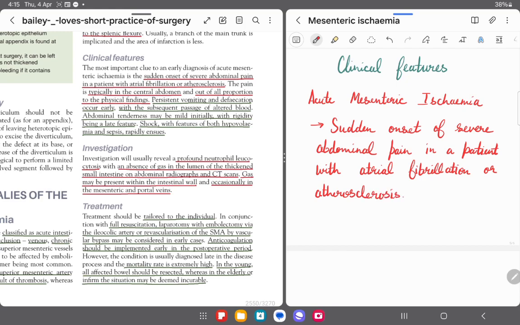So this is the most important thing, that if there is a sudden onset of severe abdominal pain in a patient with atrial fibrillation or atherosclerosis, we can suspect acute mesenteric ischemia.